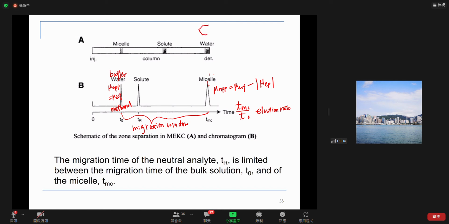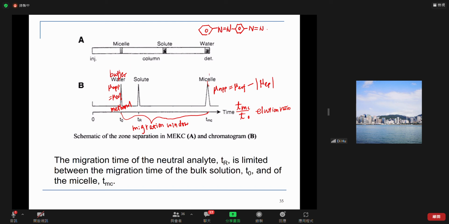Because people ask, how can I know it's the end, TMC? How do I know it's T0? This is how you do that. You have to use some indicator, some micellar marker as we call it, to tell you here comes the micelle.